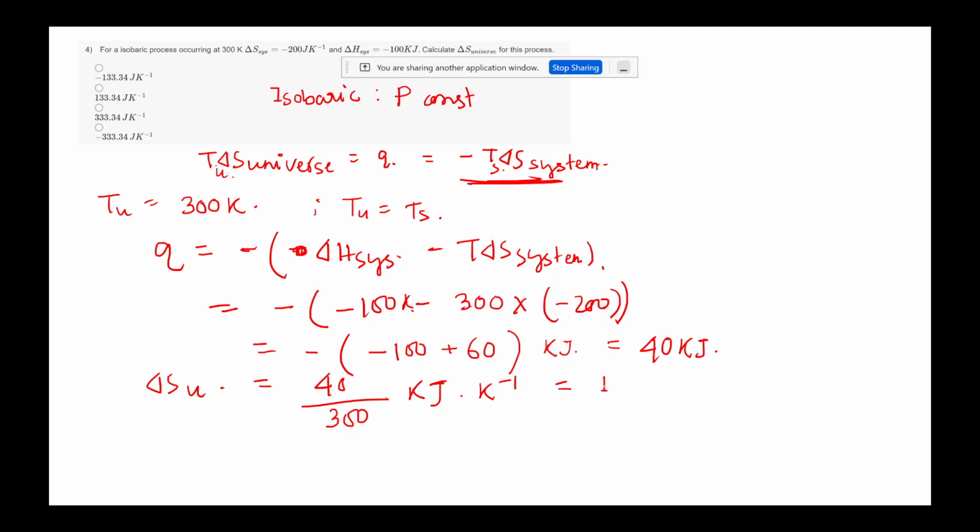It will be 0.1333 times 10 to the power 3 joule per Kelvin. For kilo I have just put 10 to the power 3, and if you do that, 0.3, and you just approximated to that thing, so option B will be correct. Okay, simple algebra here. Okay.